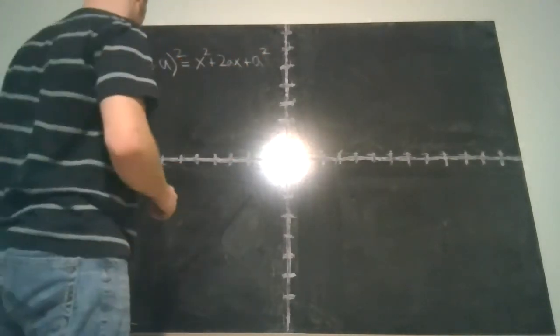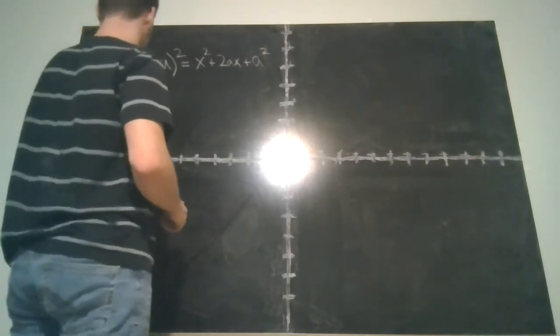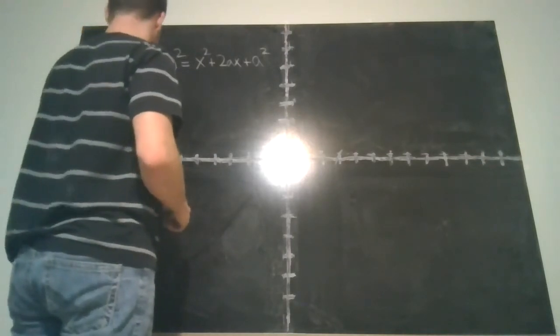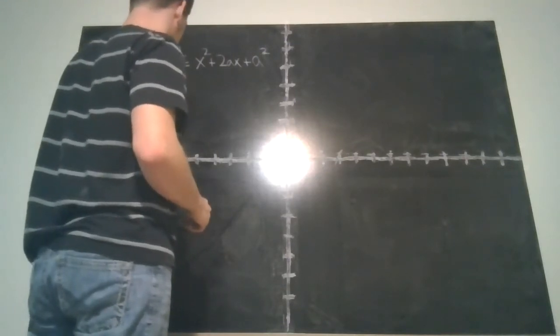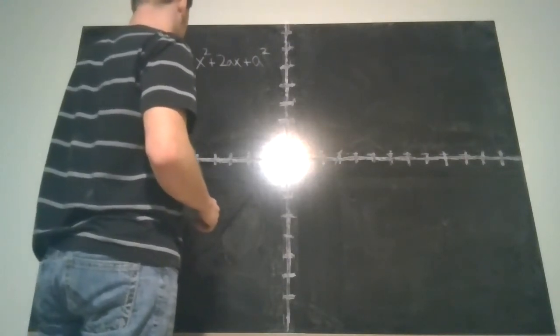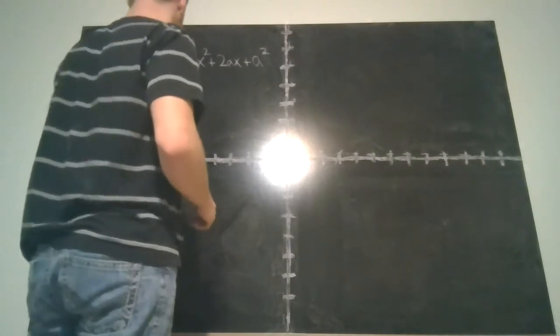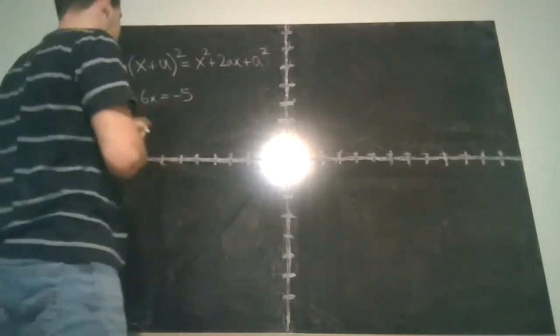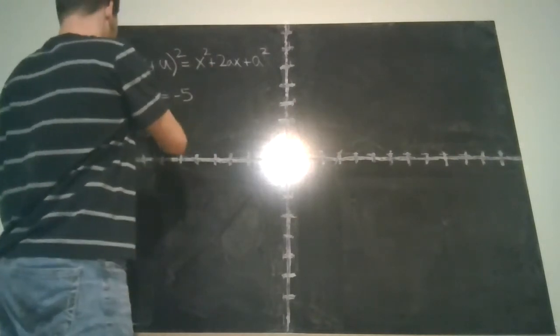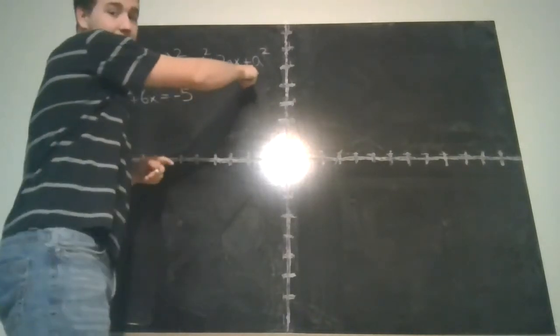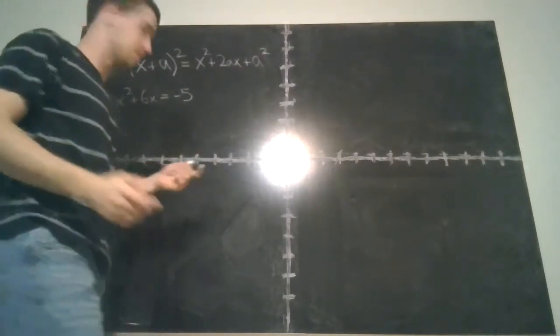So if we have something along the lines of x squared plus 6x equals -5, then by looking at this as an x squared plus 2ax, we can sub in the constant a by just adding something.